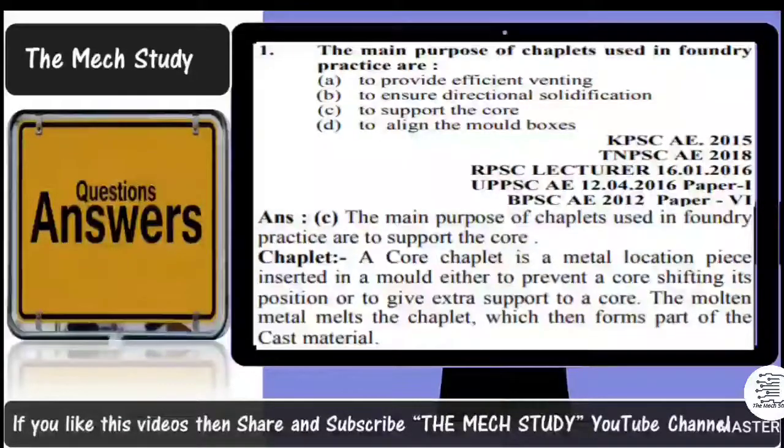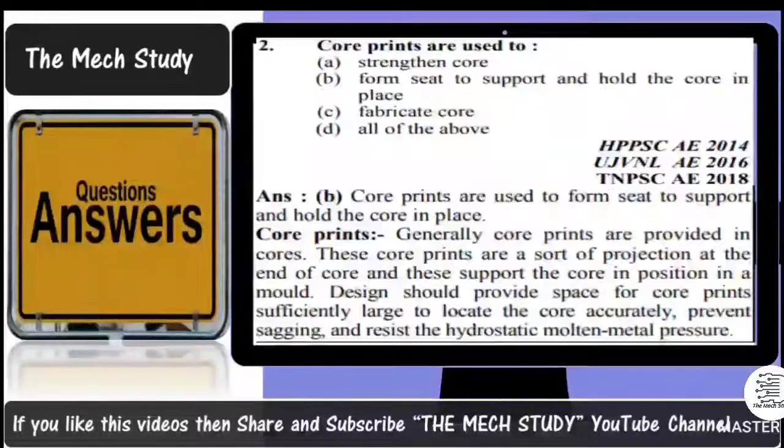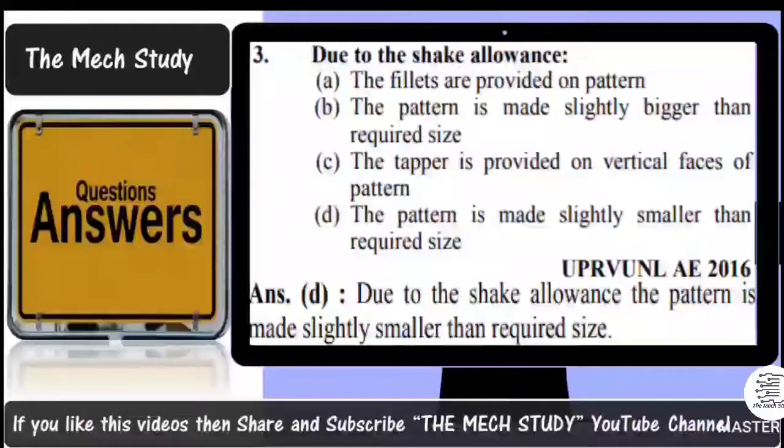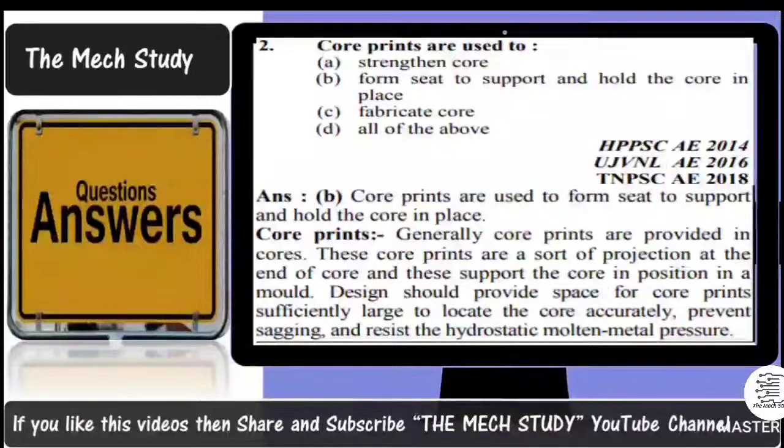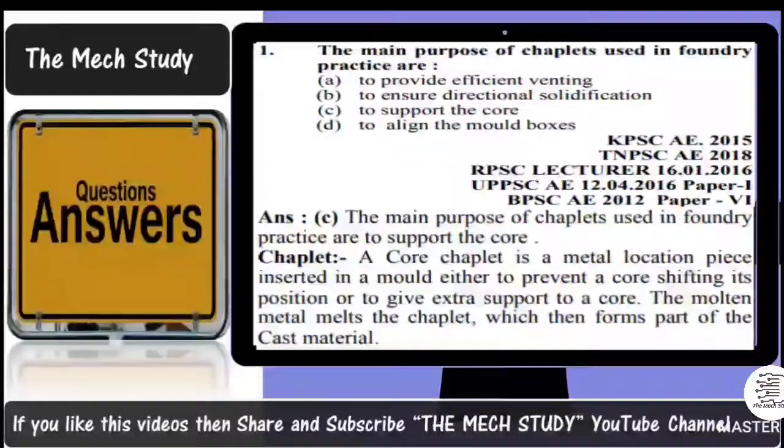As I have said, cores are mostly used to prepare hollow parts inside the casting product, and chaplets are generally used to support the core inside the casting. For example, if you prepare a cylindrical hole inside the product, chaplets are used as a support to create that hole in such a way that the core and the metal do not mix.